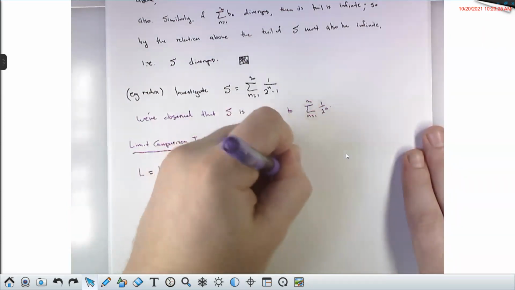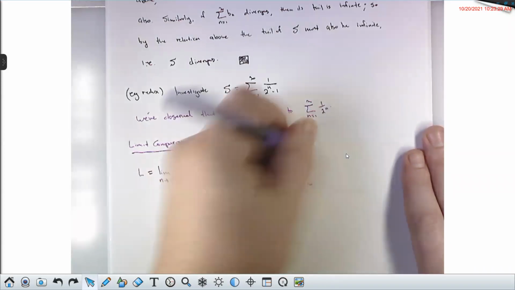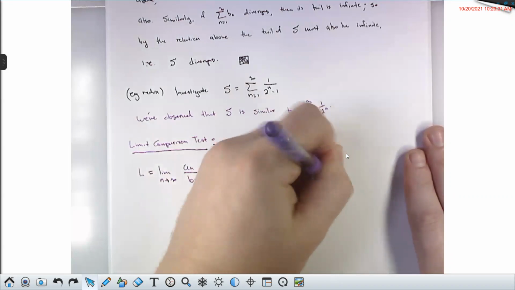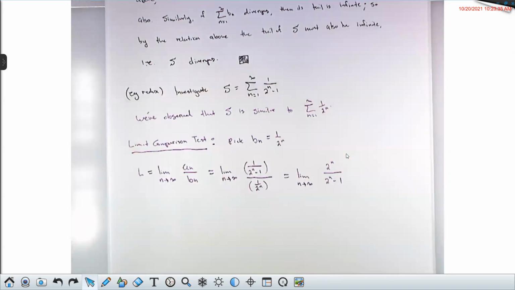Which is the limit as n goes to infinity of 2 to the n over 2 to the n minus 1. You flip and multiply.